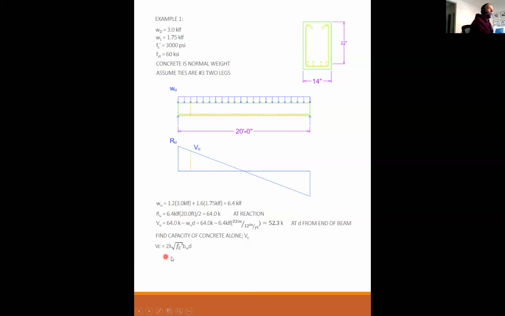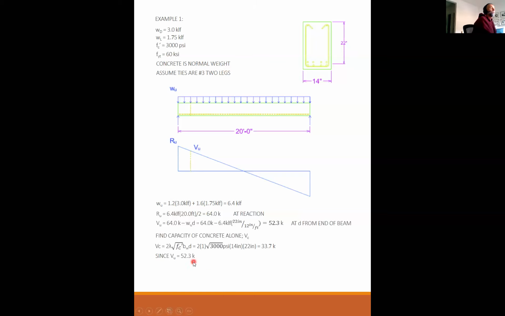V sub C is 2 lambda square root f prime c b w d. This is the equation I gave you last time. If I substitute in my values, your key is that it's normal weight. So lambda is equal to 1. F prime c is 3,000. You put that in here. b w is 14. d is 22. Plug them in. You get 33.7 kips.